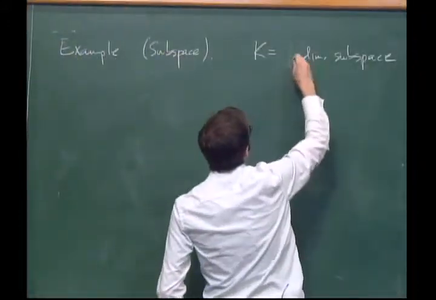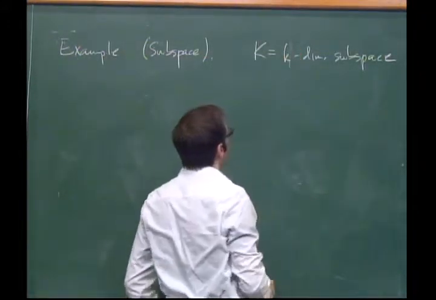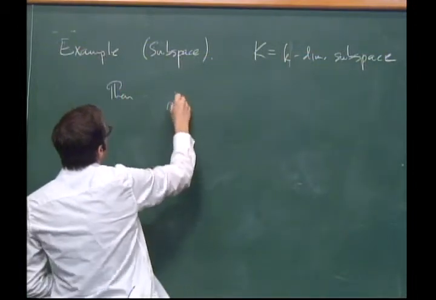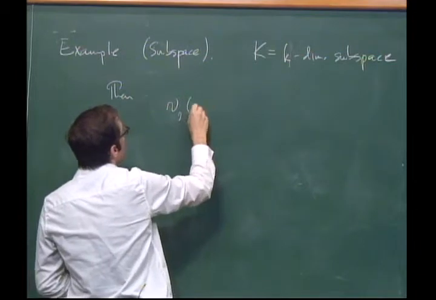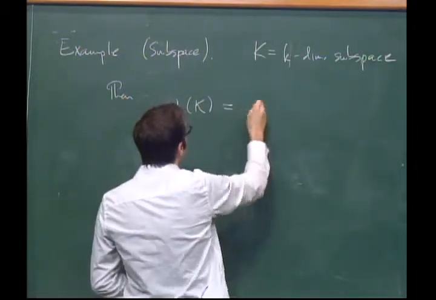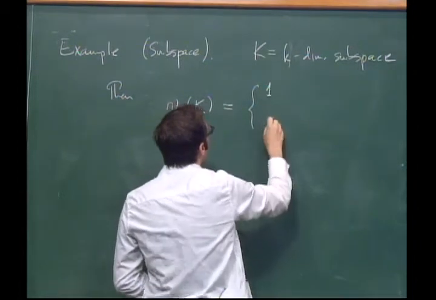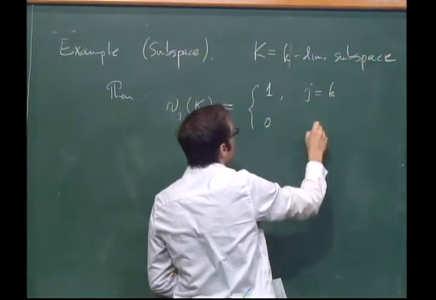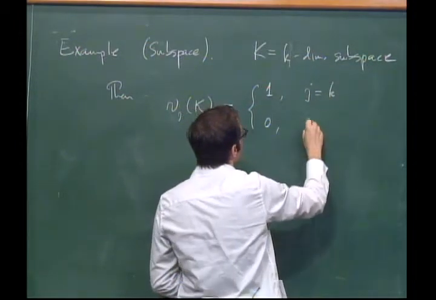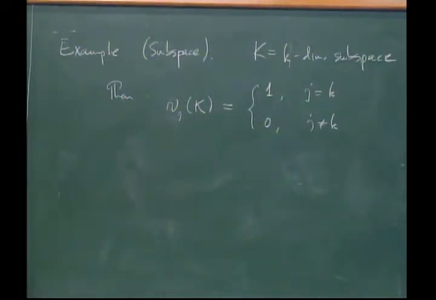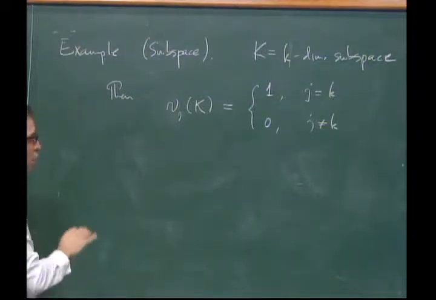Actually, maybe let me change letters here just to be a little bit clearer. So say that K is a k-dimensional subspace. Then the intrinsic volumes, Vj of K, are equal to 1 or 0, 1 being the case where the index of the intrinsic volume equals the dimension of the subspace, and 0 otherwise. So the intrinsic volumes of a subspace are very simple. Okay, questions on this?